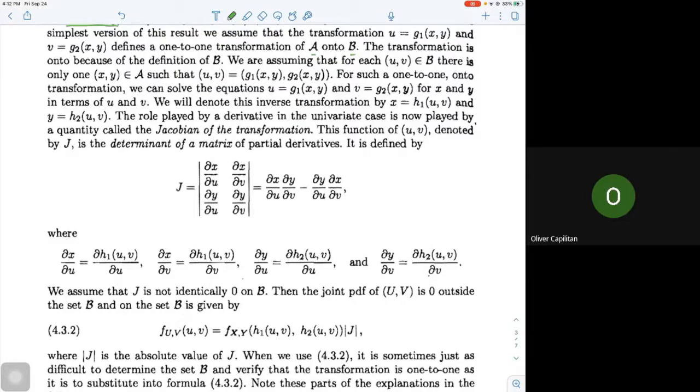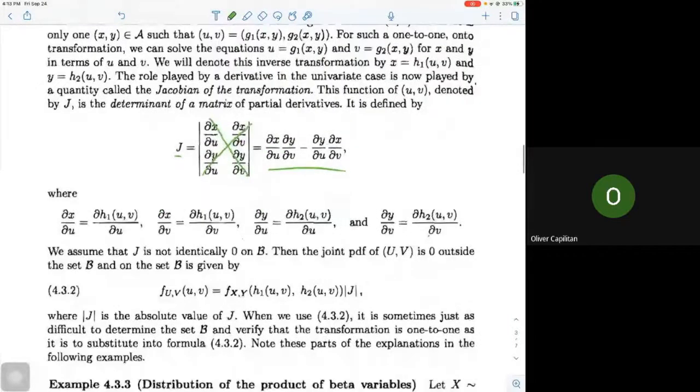We name it as the Jacobian of our transformation. So for a bivariate case, J, the Jacobian, is the determinant of the matrix in which the first row has the partial derivative of x with respect to u and the partial derivative of x with respect to v, and the second row has the partial derivative of y with respect to u and the partial derivative of y with respect to v. Taking the determinant of a 2 by 2 matrix, we have this product minus this product.